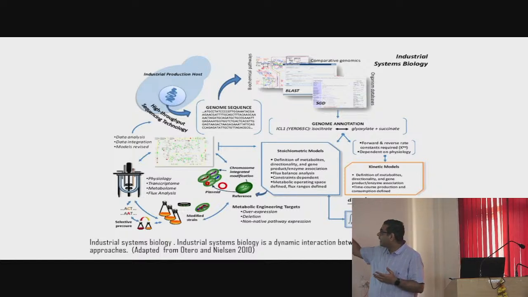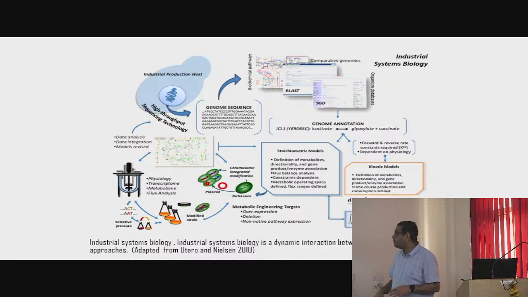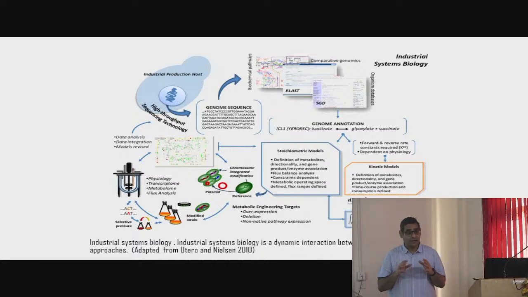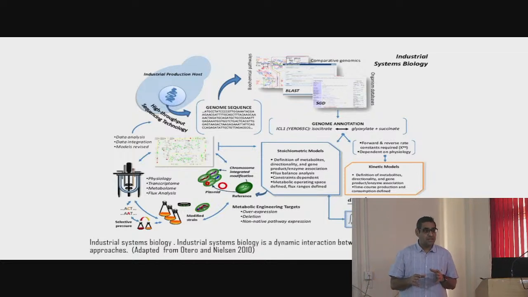So you have to target industrial system biology, an industrial approach, where you involve the tools of genome biology, systems biology, chemical engineering, metabolic engineering, process engineering, and also computational biology.